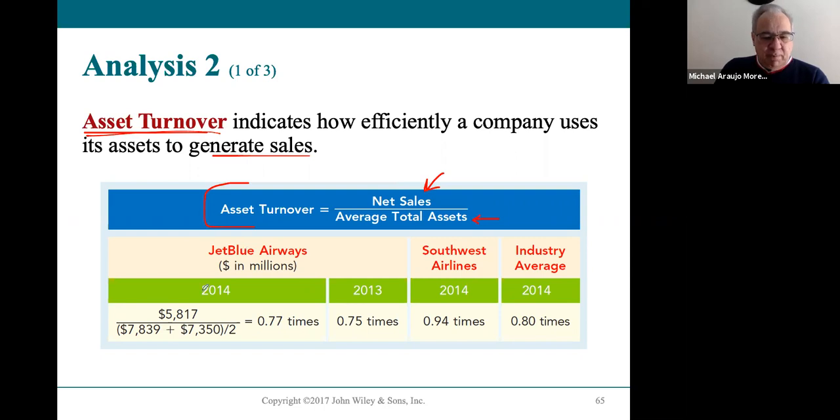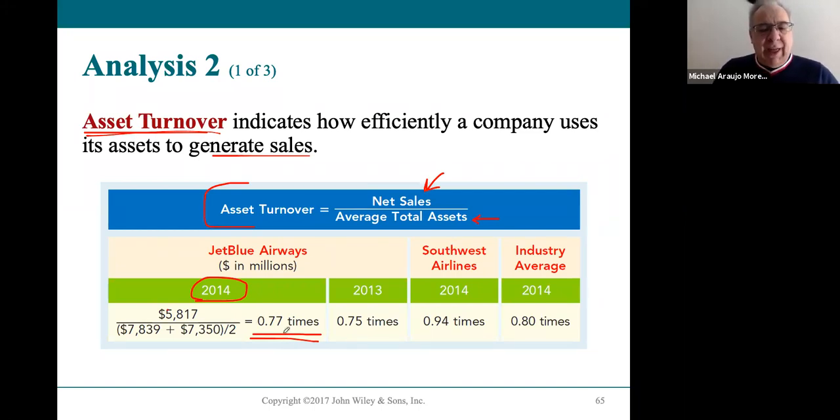For JetBlue, looks like they had 5.8 billion in sales in 2014, compared to around 7.5 billion in average total assets. So that meant their asset turnover was 0.77 times.